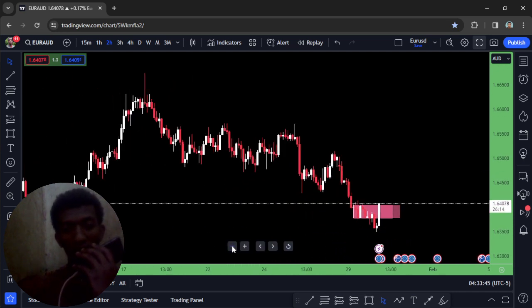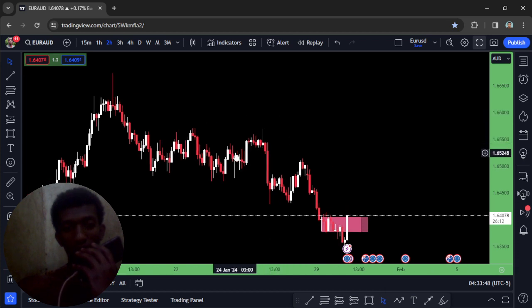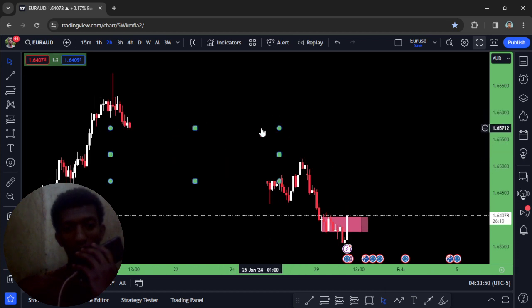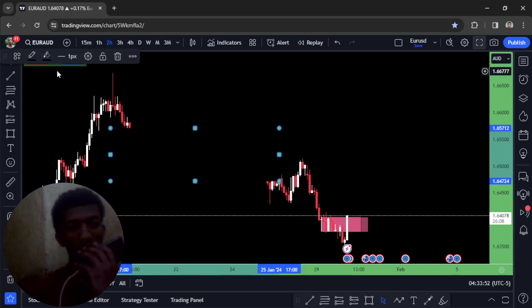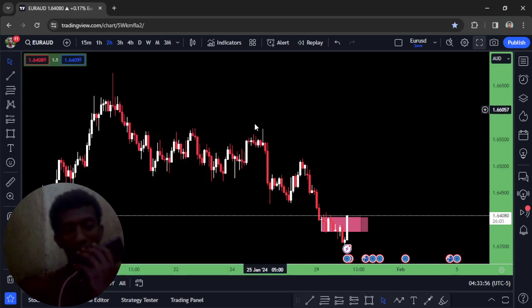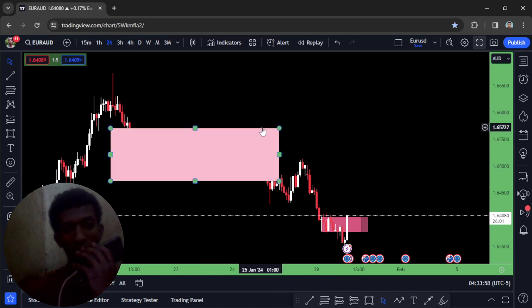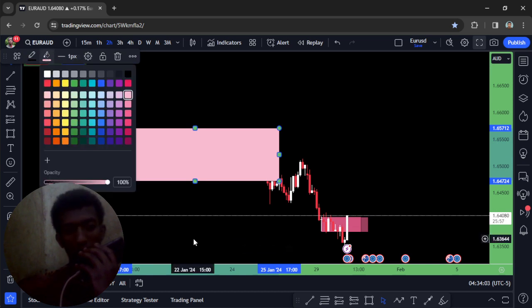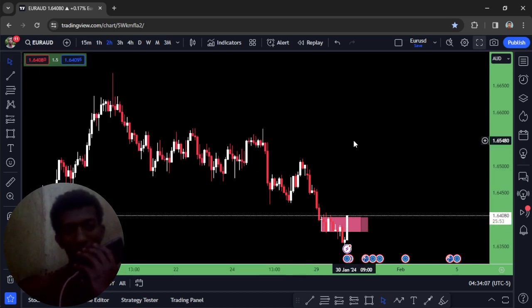But I don't think it will be coming back because the others have already moved. The euro pairs have already moved. Let's change the color to visualize this thing. What the hell is going on? It's crazy.